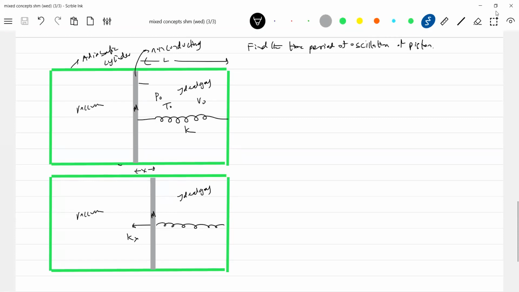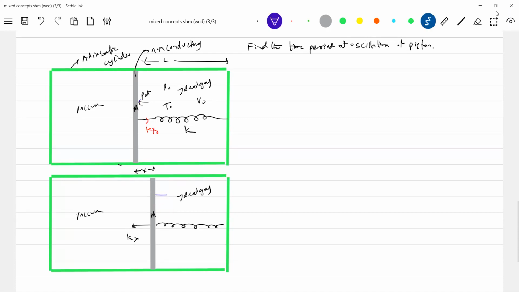Initially there was a pressure P naught, so a pressure force P naught A was acting. Initial spring force will be Kx naught. Otherwise equilibrium is not possible. So what happened? I have pressed the spring myself. I'm an external agent. I'm going to displace the piston and release.